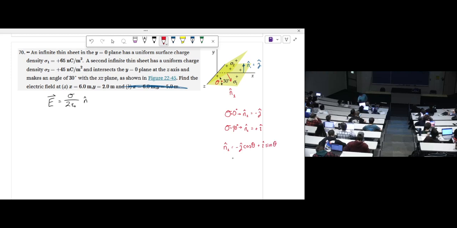Or specifically, when it's equal to 30 degrees, that's going to be minus j cosine 30 degrees plus i hat sine 30 degrees.